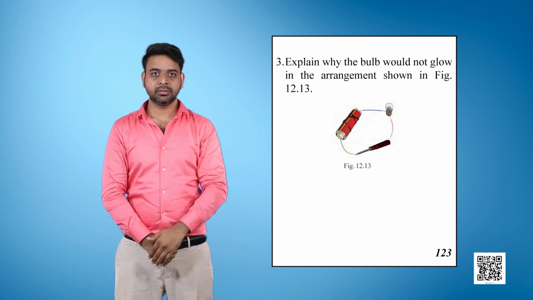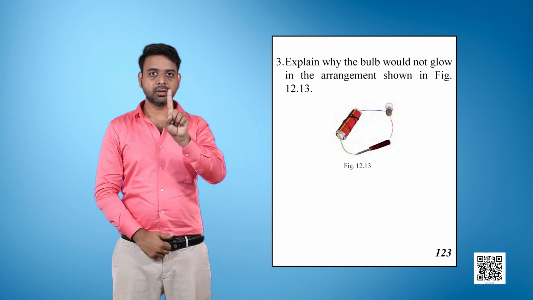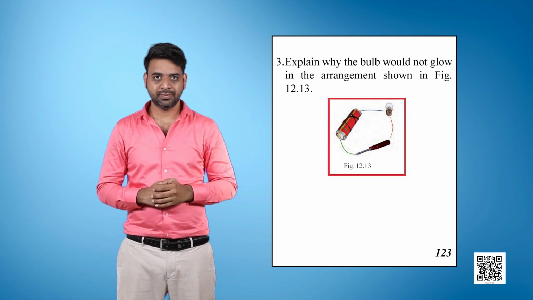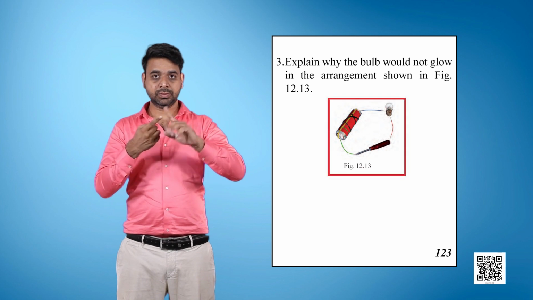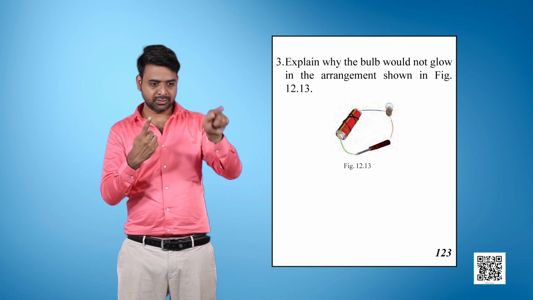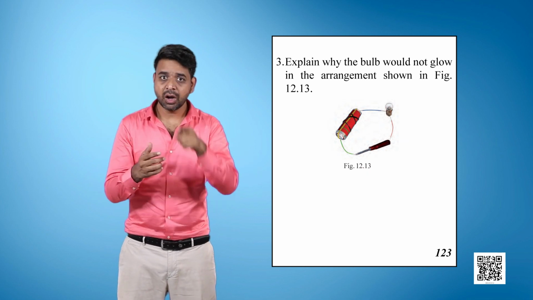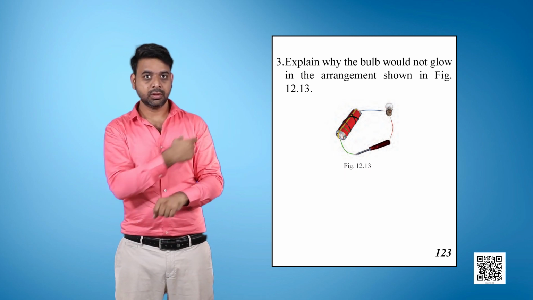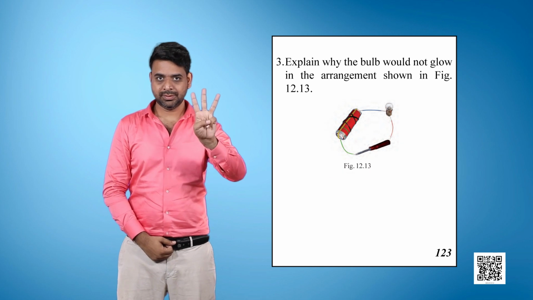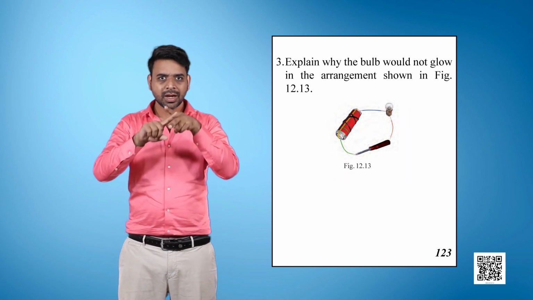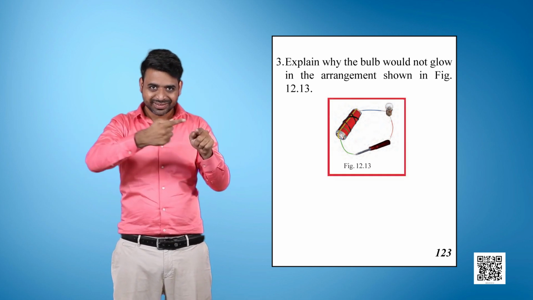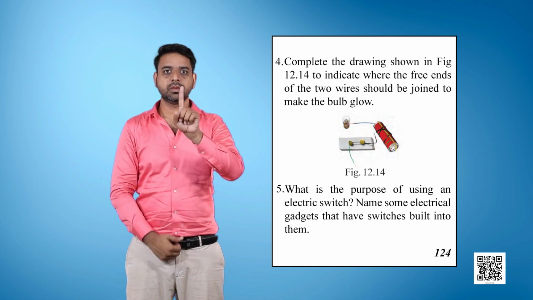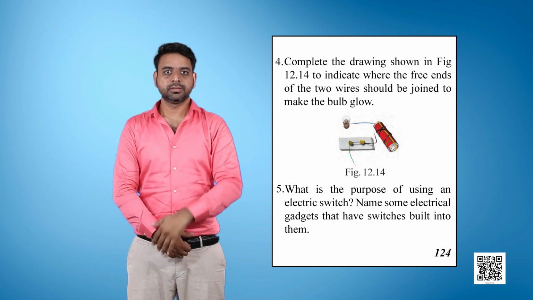3. Explain why the bulb would not glow in the arrangement shown in figure 12.13. You are given a figure 12.13 in which the circuit is completed by a screwdriver. Page 124. 4.